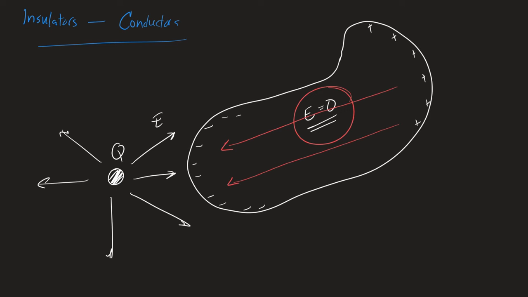Again, no matter how strong the external electric field, there will be sufficient charges in the conductor to arrange themselves to create an opposing electric field so that the net electric field is zero.